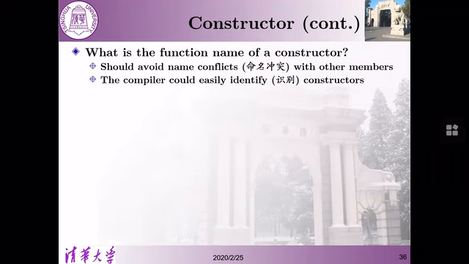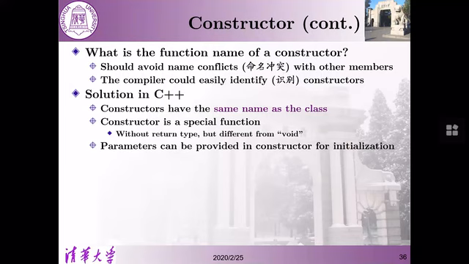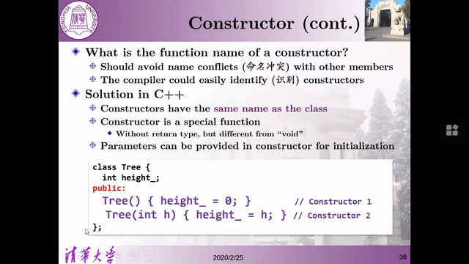So the constructor is defined like this. The constructor's name is the same as the class name, like this. And there's no return type. Right. Actually, this name is the same as the class name.